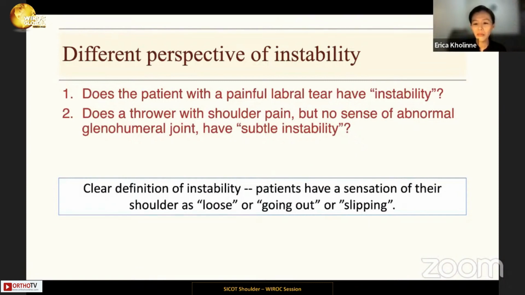As there are many disorders in the shoulder capable of producing pain, I think pain should not be used as a symptom to define instability. A clear definition of instability would be one where patients have a sensation of their shoulder as loose, going out, or slipping.